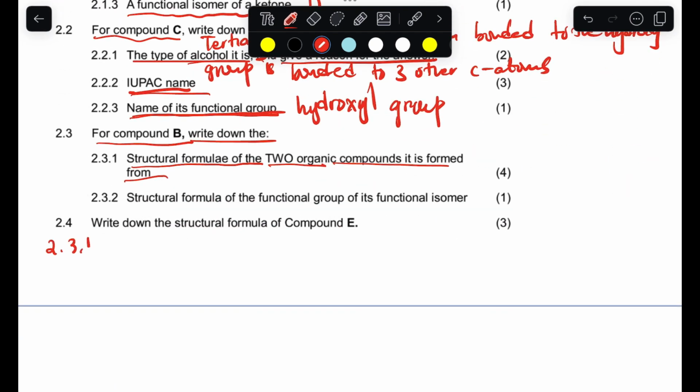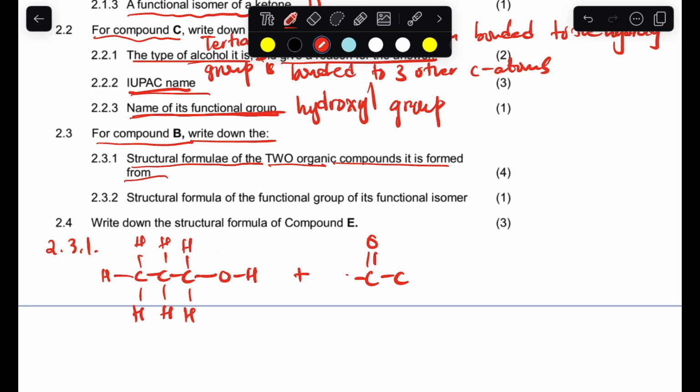2.2.3.1, I'm going to start with the structure of the propanol. The structure of the propanol, it's going to be OH there. Right, that's the propanol there. And then the ethanoic acid, it's going to be that.